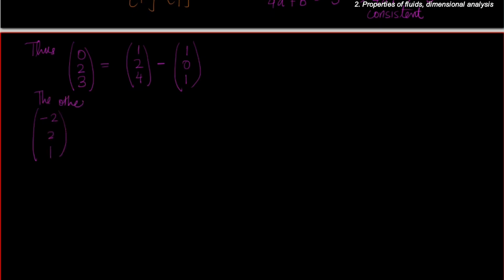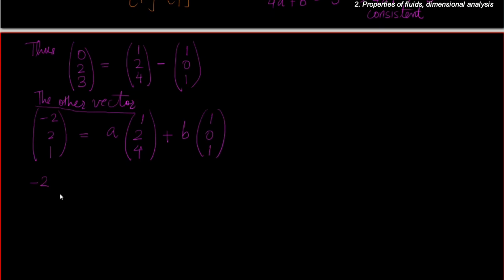Let us do the same procedure for the fourth column. So minus 2, 2, 1 is equal to, suppose, a times the first basis vector plus b times the second basis vector. The RHS becomes the column vector a plus b, 2a and 4a plus b.